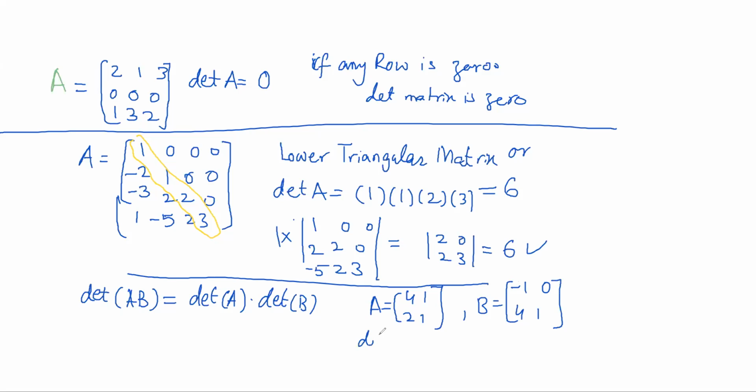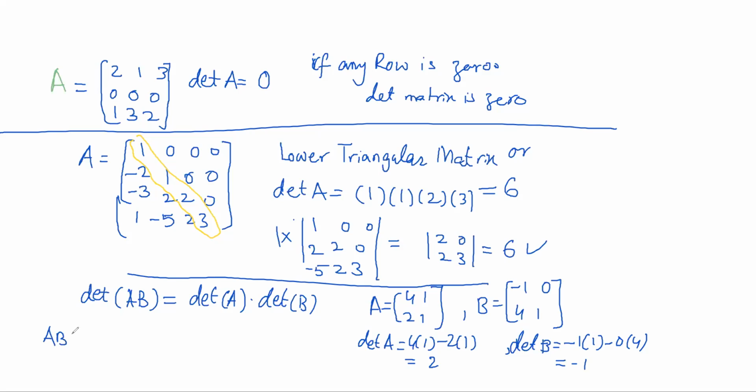The determinant of A is 4 times 1 minus 2 times 1, which is 4 minus 2, that is 2. The determinant of B is minus 1 times 1 minus 0 times 4, so it is minus 1. So the determinant of A times the determinant of B is 2 times minus 1, that is minus 2.